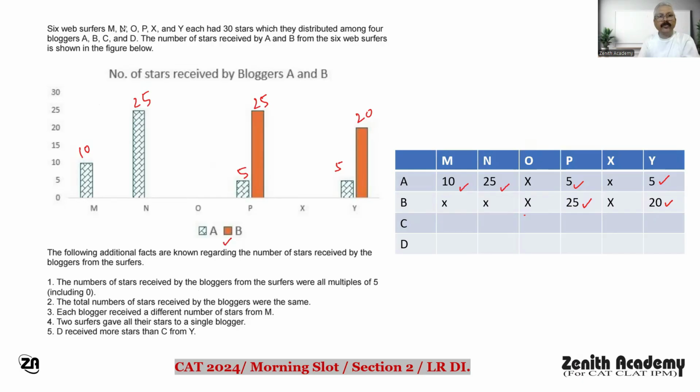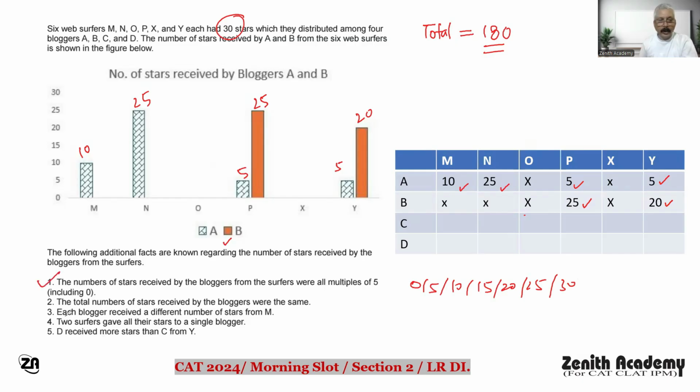It is given that 6 web surfers M, N, O, P, X, and Y each had 30 stars. The total stars with 6 web surfers is 180. And now look here. The number of stars received by the bloggers from the surfers were all multiples of 5, which means the 30 stars they can distribute either 0, 5, 10, 15, 20, 25 or 30.